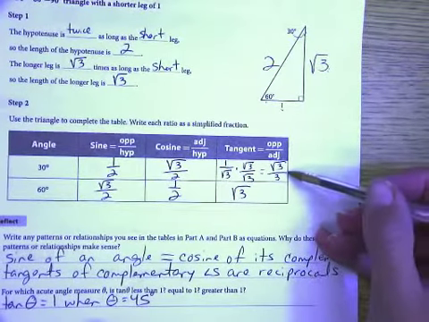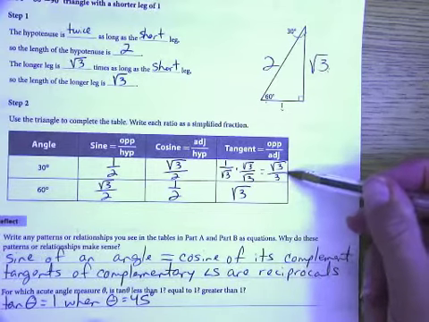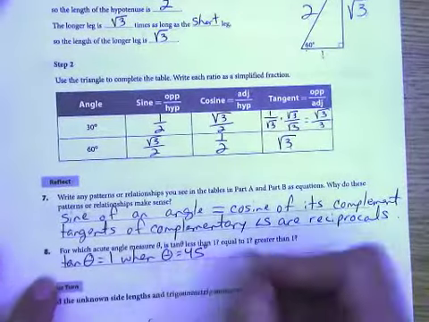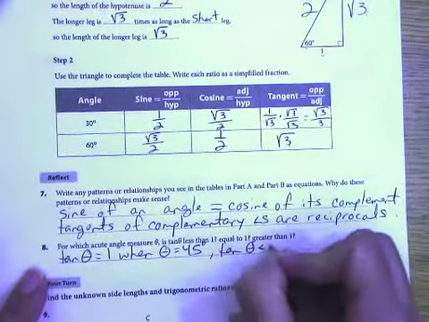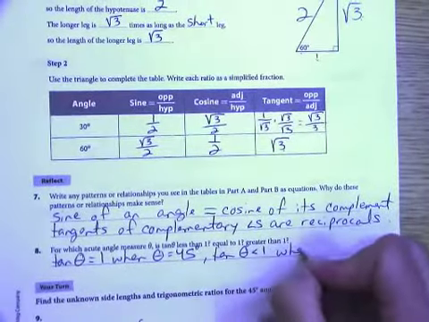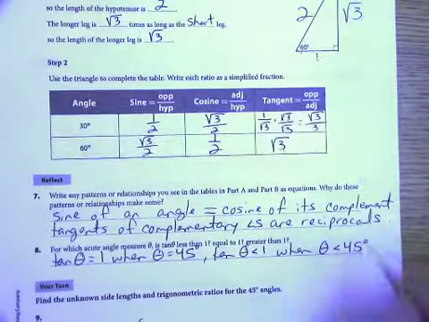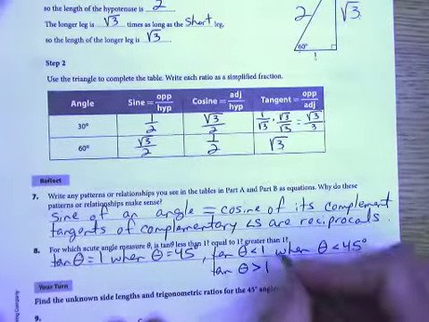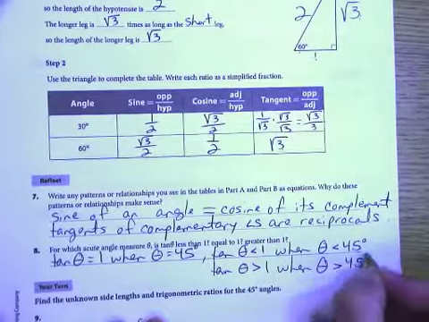Notice that this tangent is less than 1, whereas this tangent is greater than 1. So, tangent of theta is less than 1 when theta is less than 45 degrees, and tangent of theta is greater than 1 when theta is greater than 45 degrees.